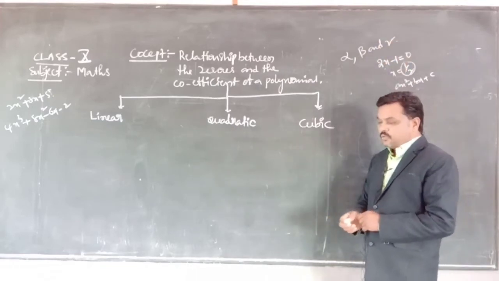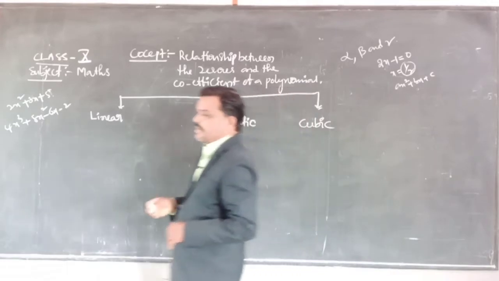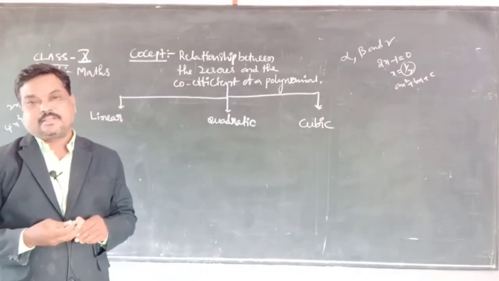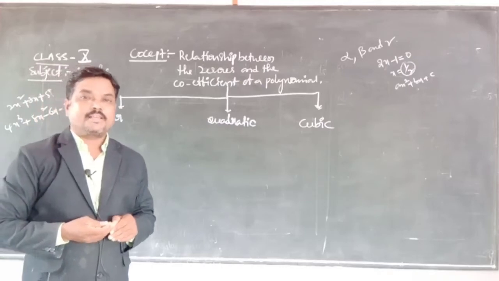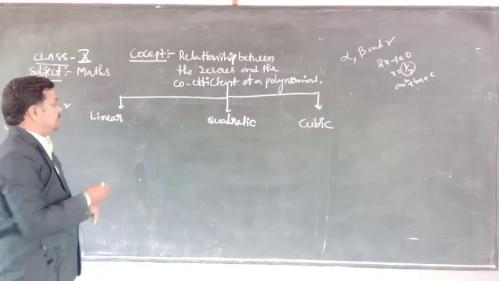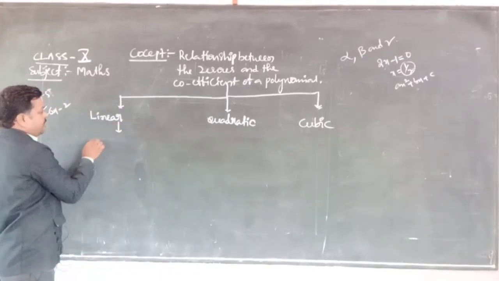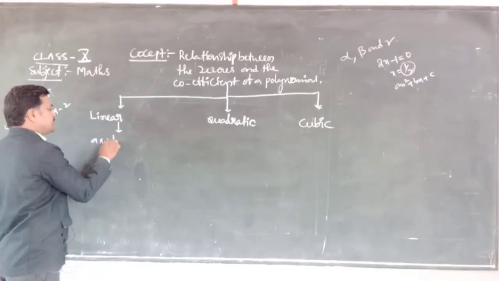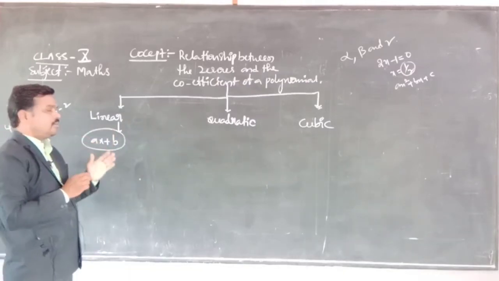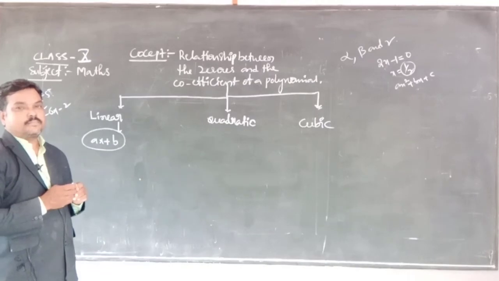Okay. So the first one is a linear polynomial. A linear polynomial has only one zero. The general form of a linear polynomial is ax plus b.